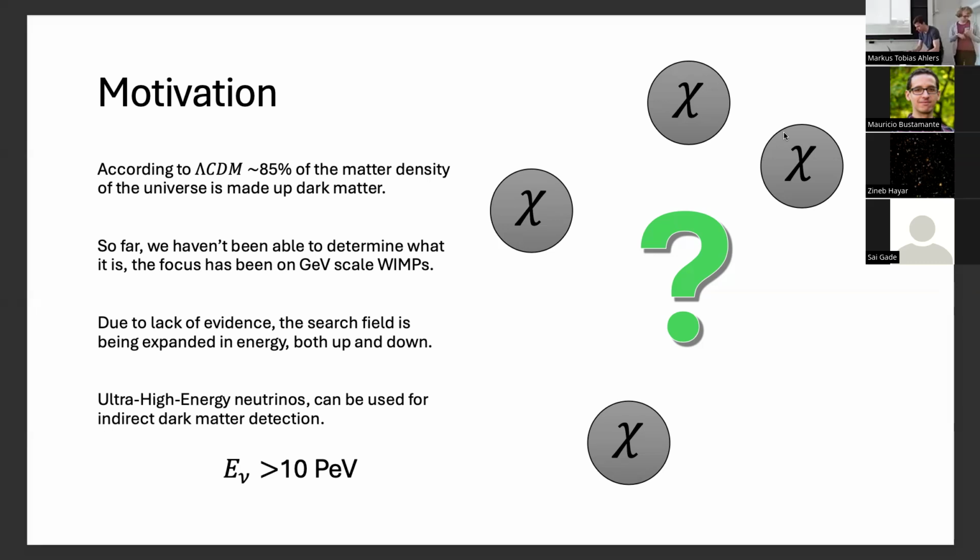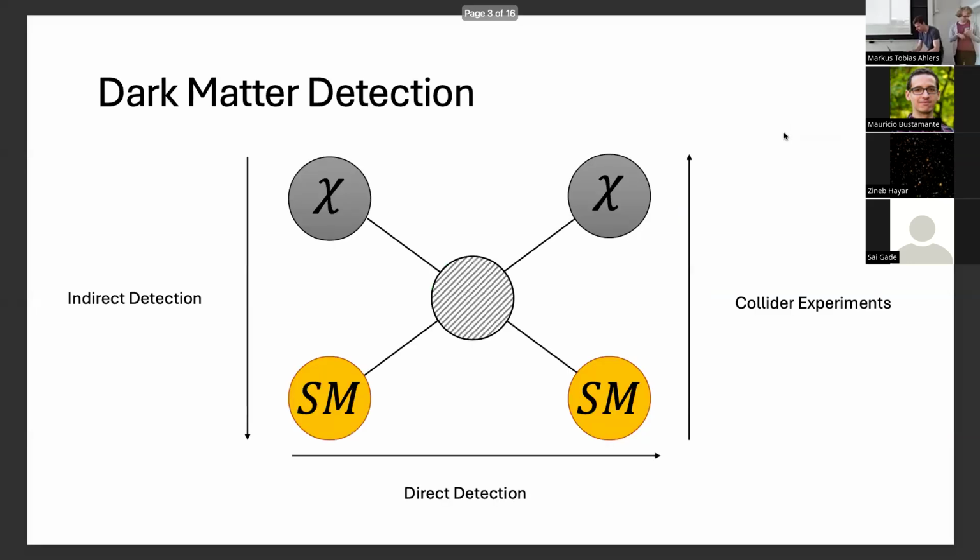Searches have traditionally been at the GeV scale for WIMPs and other candidates, and we've begun expanding because we haven't found anything. So what I'm looking for is ultra high energy neutrinos, specifically at a scale above 10 PeV, because we can possibly use them to detect dark matter through indirect detection.